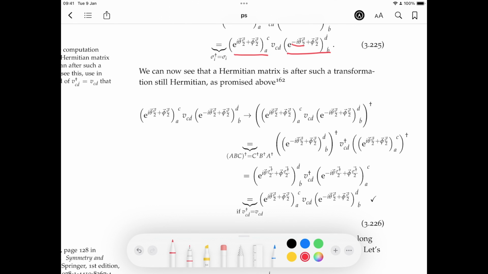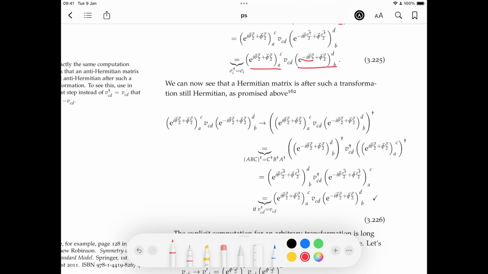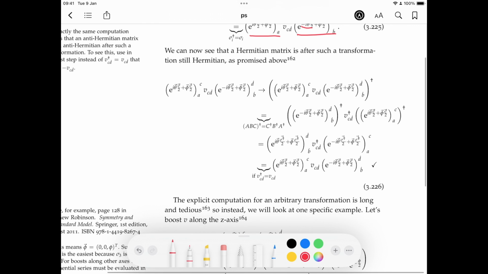He now checks that all of these matrices will be Hermitian matrices because they are in the SL(2,C) algebra, I guess. And so he just checks that a 4 vector under such a transformation will be conserved, in the sense that it will still be a 4 vector in this case. So I guess that's what's happening here.